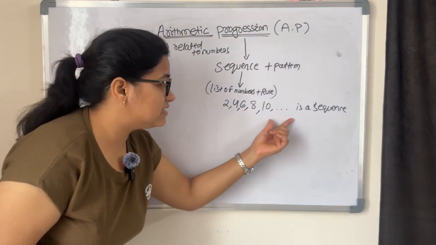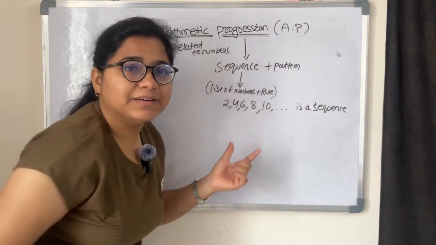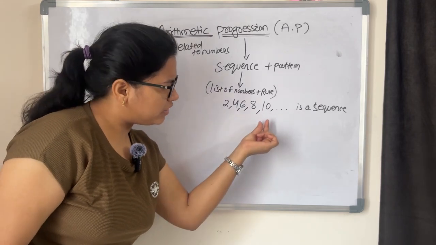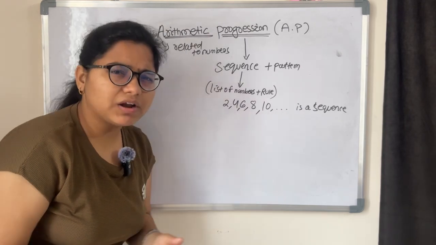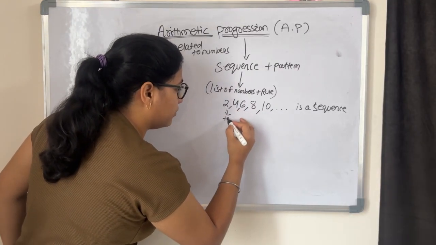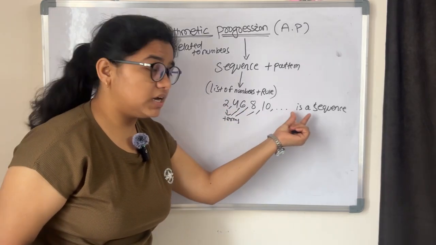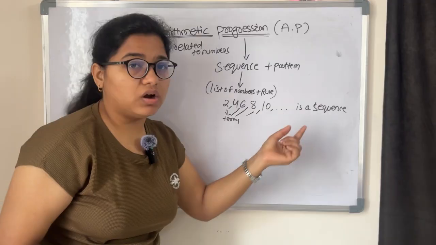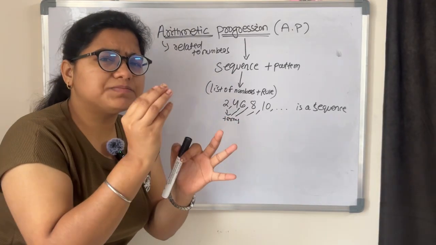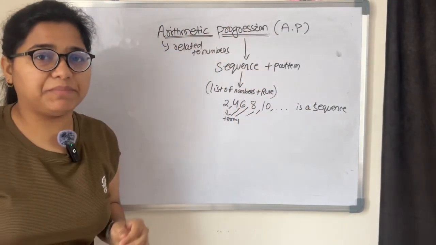Each number in the sequence is called a term. If the terms are arranged in a specific pattern, then we can say that this sequence is in AP.